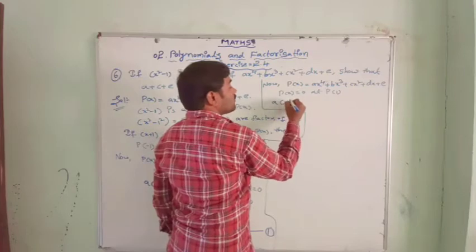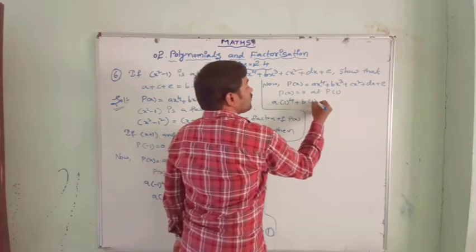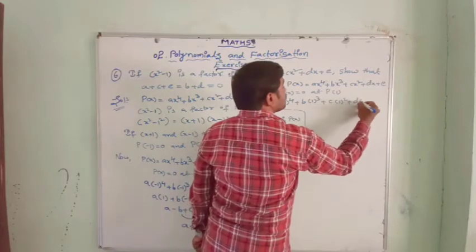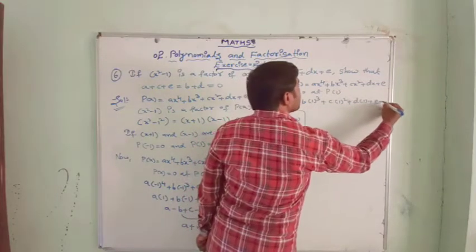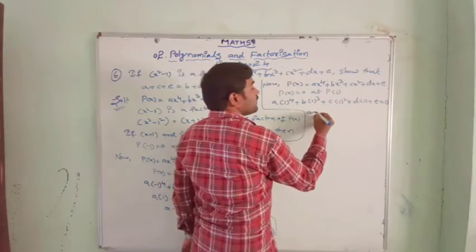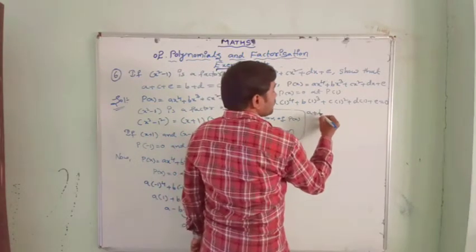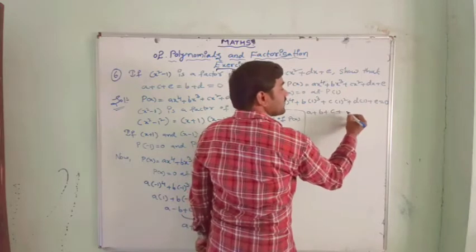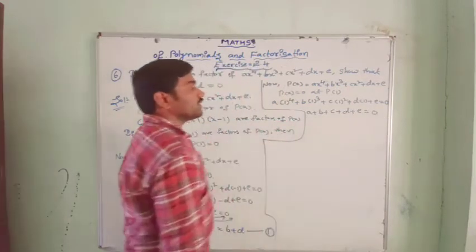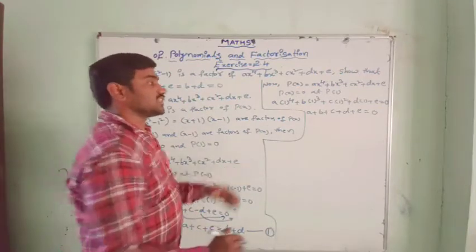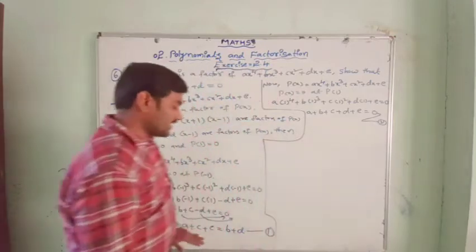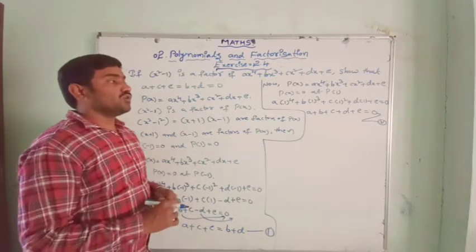So a into 1 to the power of 4 plus b into 1 to the power of 3 plus c into 1 square plus d into 1 plus e equal to 0. With 1 you multiply, you get the same: a plus b plus c plus d plus e equal to 0. Here you got it. So this is equation number 2. You got equation number 1 and you got equation number 2 now.